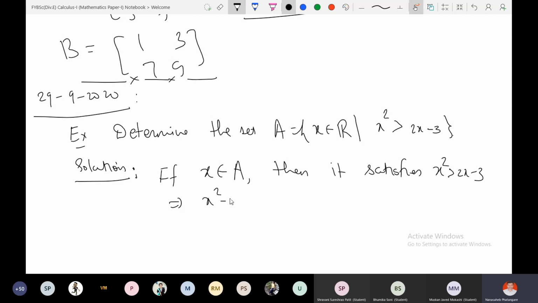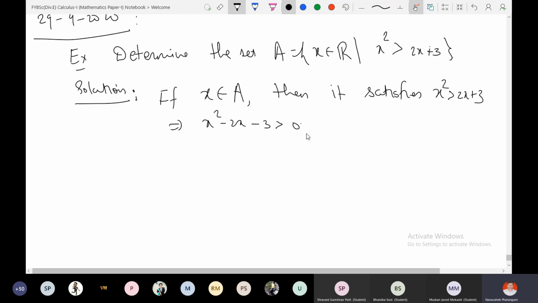That means x square minus 2x minus 3 is greater than 0. So this will be the condition satisfied by x if x is a member of the set, and therefore we want to determine all the real numbers that satisfy this inequality.